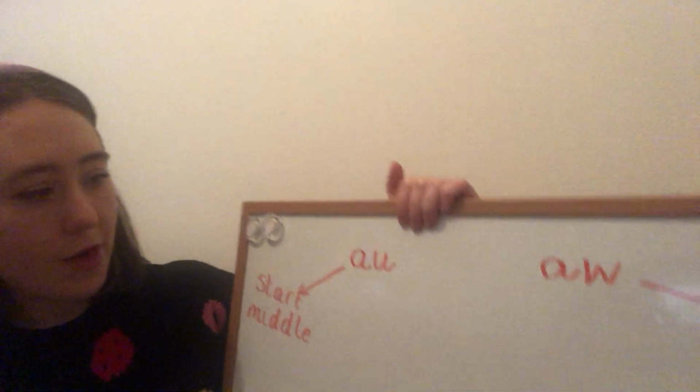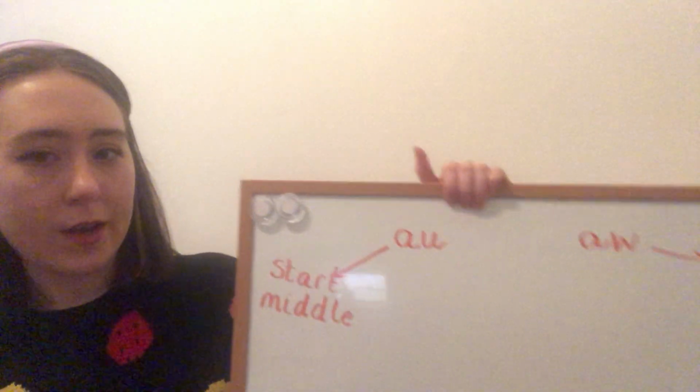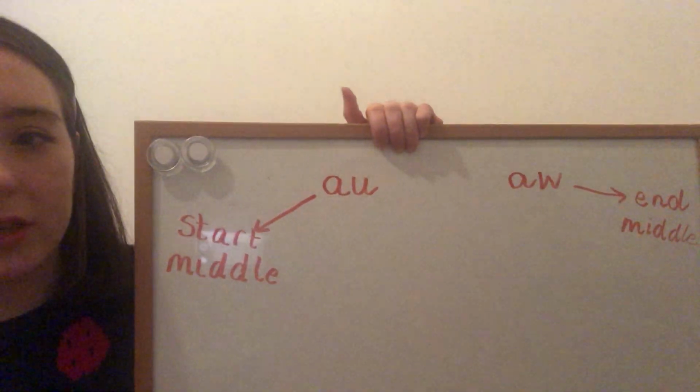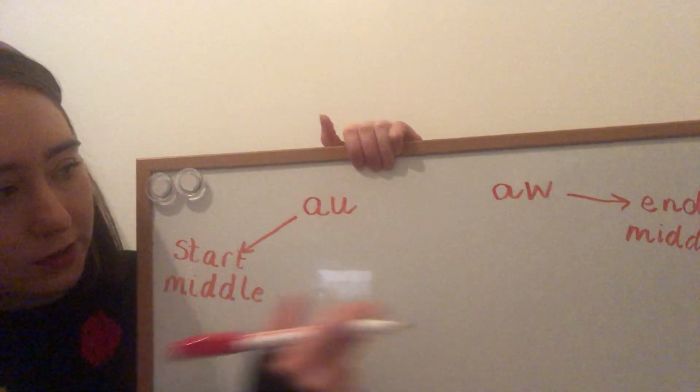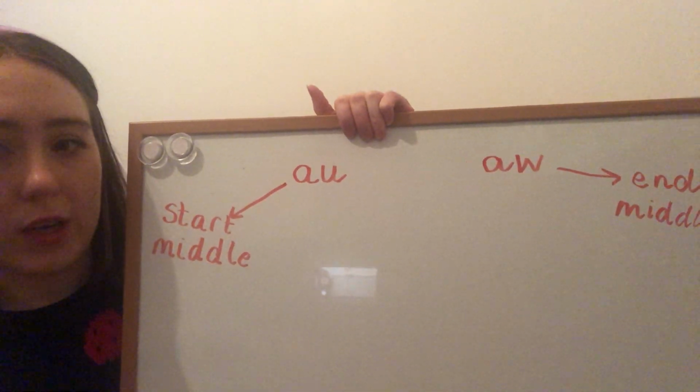So if we have the word August, before I write that down, can you think about where you can hear the aw sound in the word August, and have a think about how you might spell that word. Remember to think carefully, is the aw sound at the start, middle or the end? August.